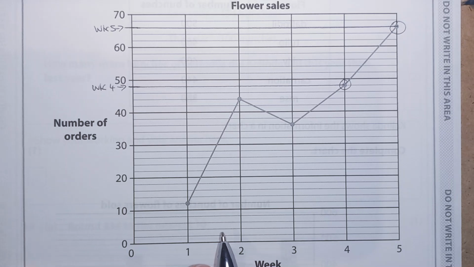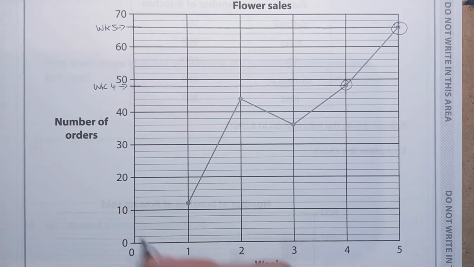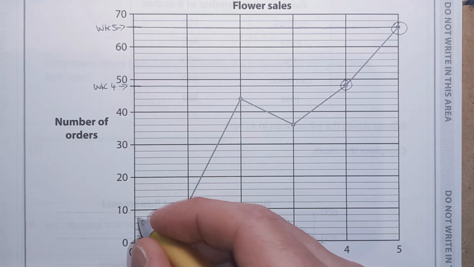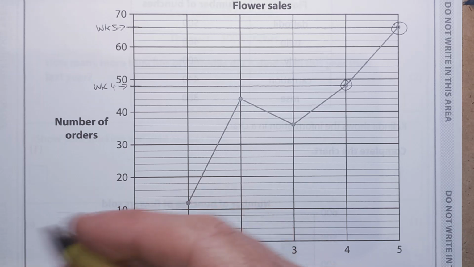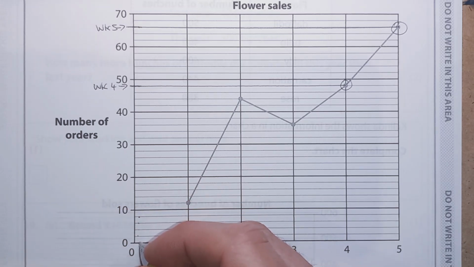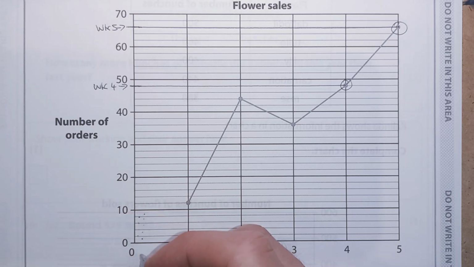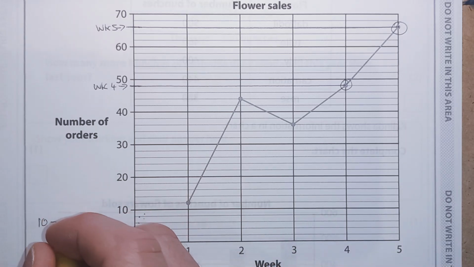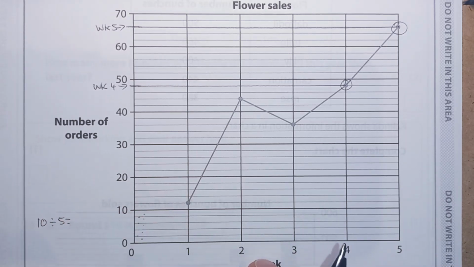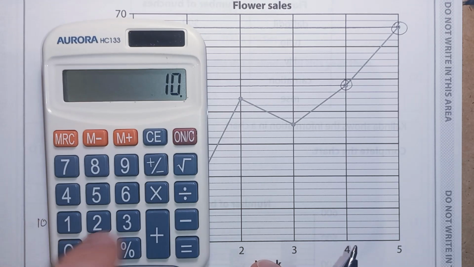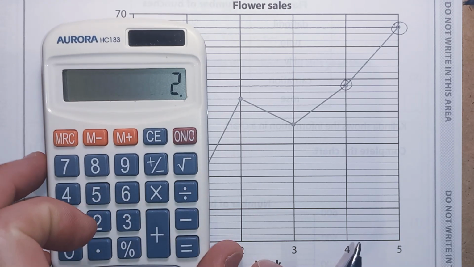Okay, well, what we want to do, a bit like we did in the last graph, is know what each of these sections are worth, because it might not be the same as the previous one. In fact, we've got 1, 2, 3, 4, 5 here, and we know that that's 10 in total. So if we do 10 divided by 5 this time, we get that each one is worth 2.